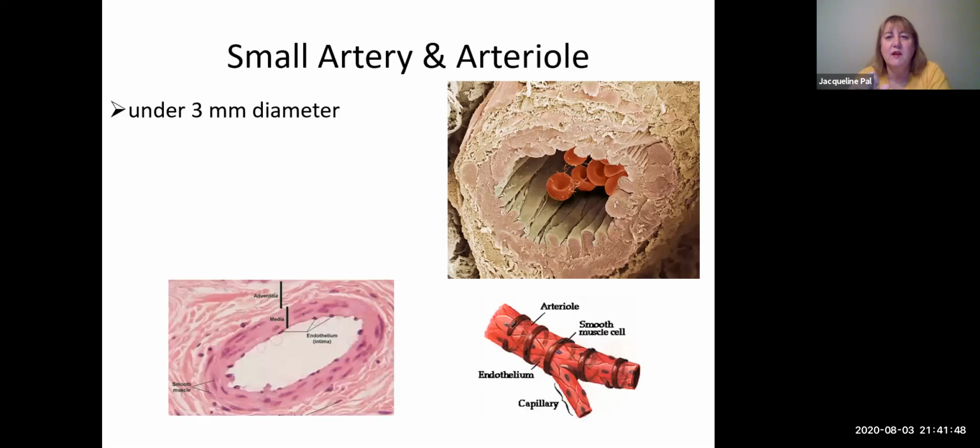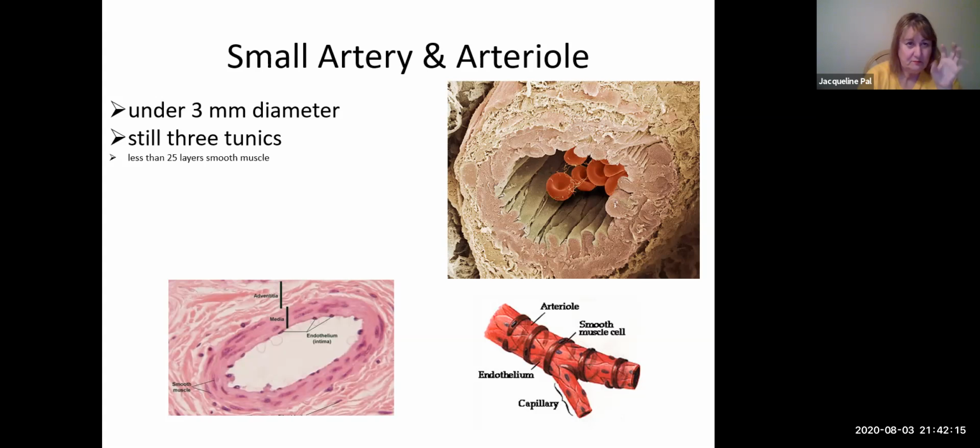Coming off our muscular arteries, we have smaller arteries, everything below 3 millimeters in size, all the way down to about 1 millimeter in size: small arteries and arterioles. Most people will just use the word arteriole, but I think your textbook talks about small arteries and arterioles. We still have 3 tunics, but we have very few layers of smooth muscle and very little elastic tissue.